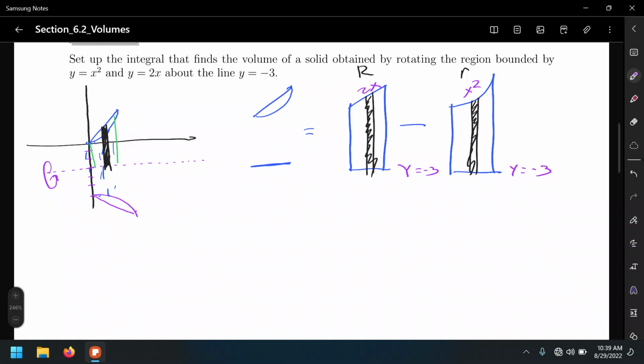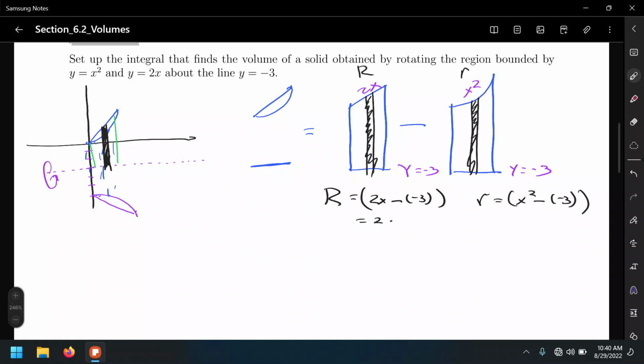Let's set up everything individually. Our upper minus lower, in this case for big R, that's the upper, which is 2x minus -3, and over here lower, the inner radius, which is x squared minus -3. Okay, let's clean up the symbols.